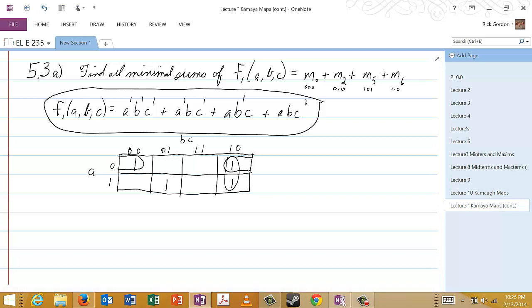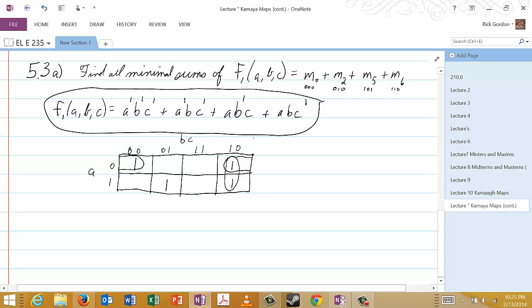Now, let me comment carefully on what we have here. Notice that this second grouping that we've identified does overlap with the first grouping that we had. So you might hesitate and think that it is not allowed. However, the important thing to note here is that this second grouping is not entirely contained within the first grouping.